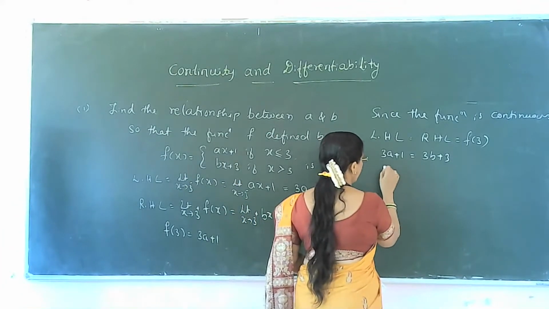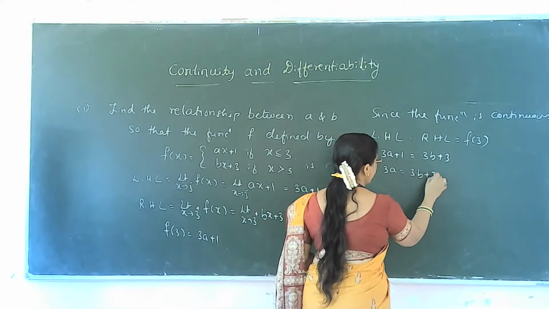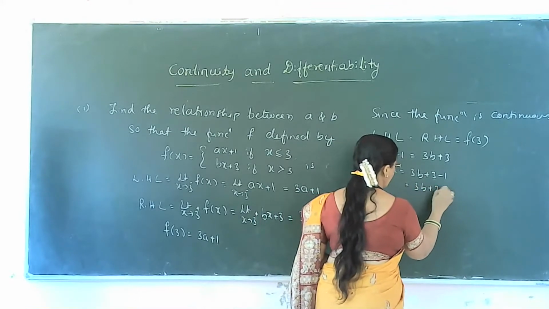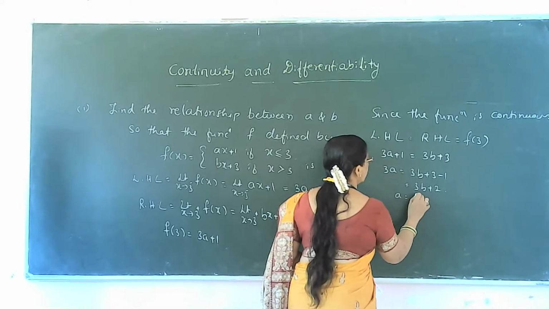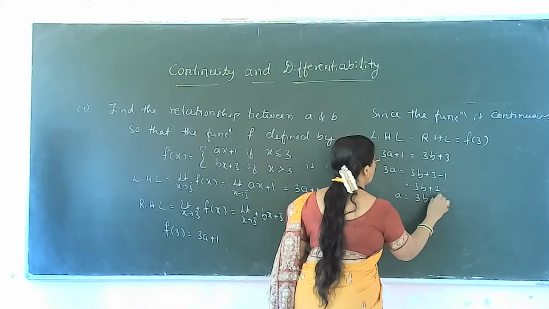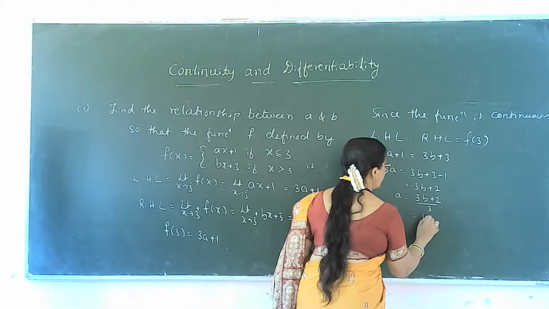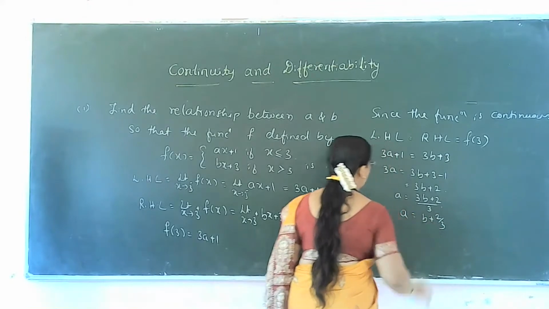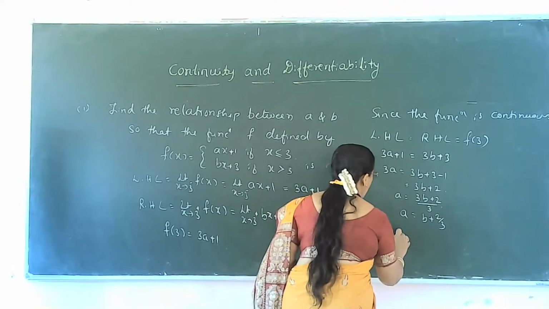Therefore, we get 3a is equal to 3b plus 3 minus 1, which is equal to 3b plus 2. Therefore, a is equal to 3b plus 2 divided by 3, which is equal to b plus 2 by 3. A is equal to b plus 2 by 3.